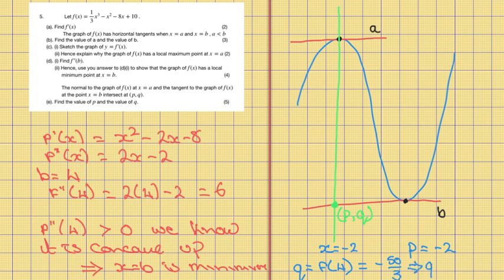Therefore, Q is equal to minus 50 over 3. So the point PQ is the point minus 2, minus 50 over 3.